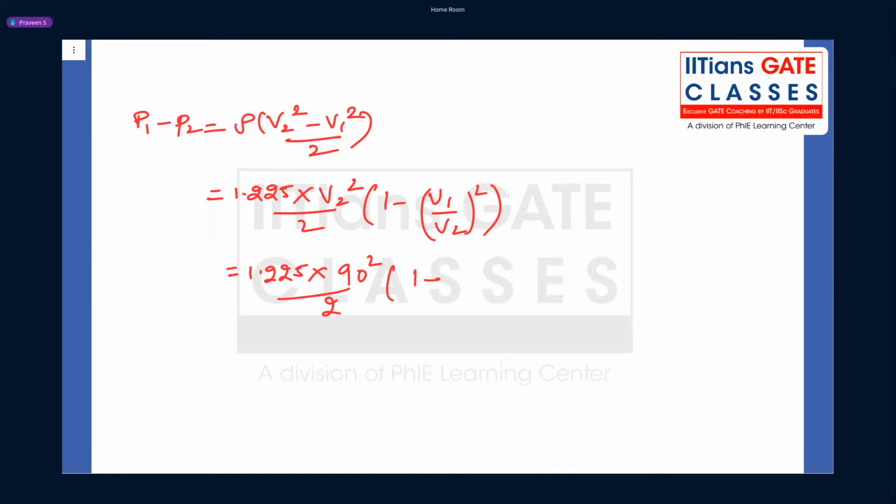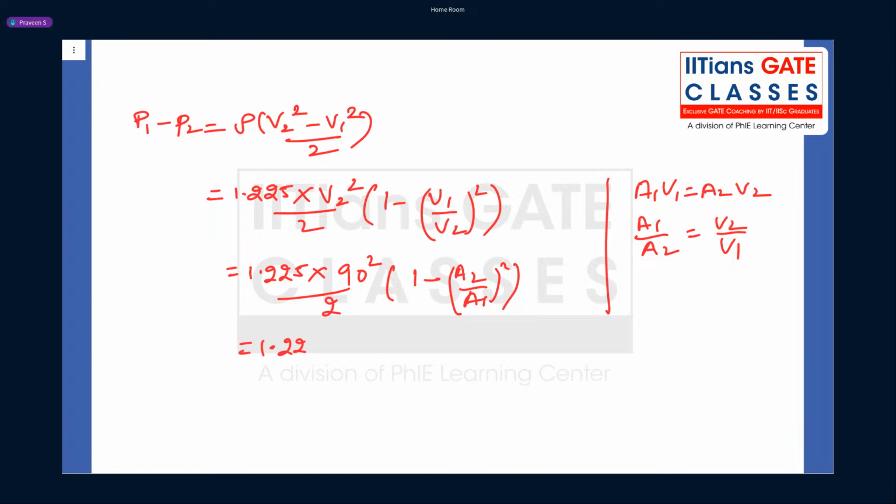If we use the continuity equation, I have A1 V1 equal to A2 V2. So from here I can write A1 by A2 equal to V2 by V1. So that means V1 by V2 is nothing but A2 by A1. And if I substitute this, 90 square by 2, 1 minus A2 by A1 whole square, which is 1 by 1.3 square.